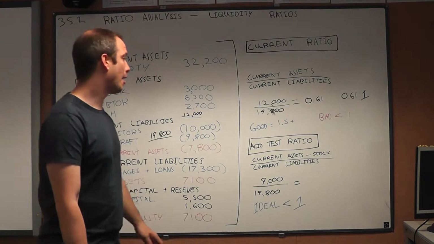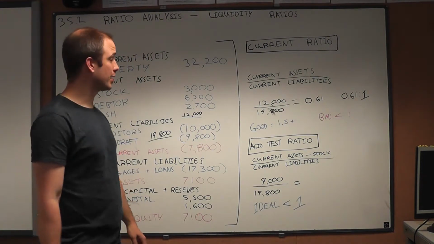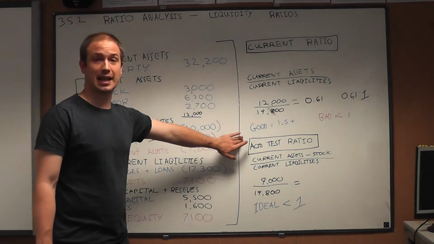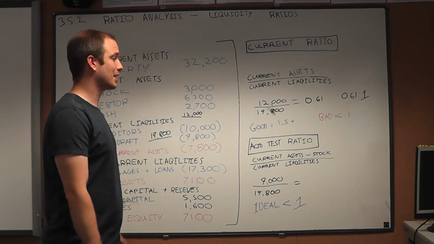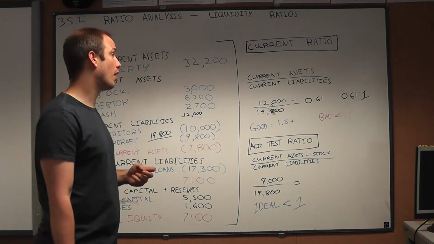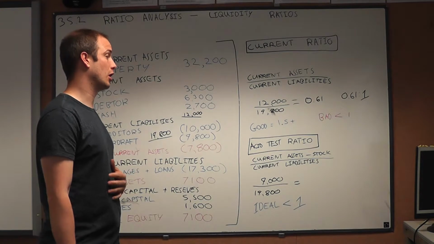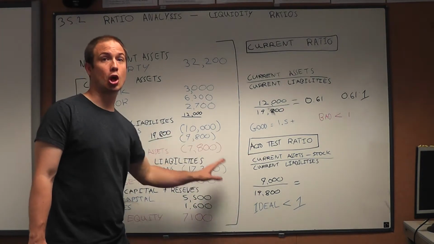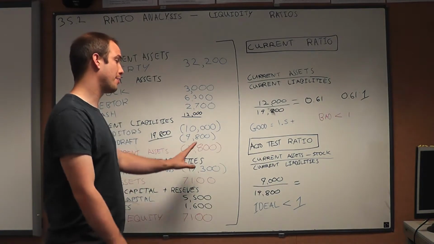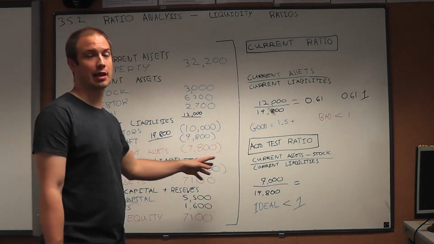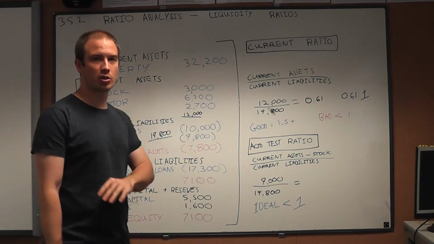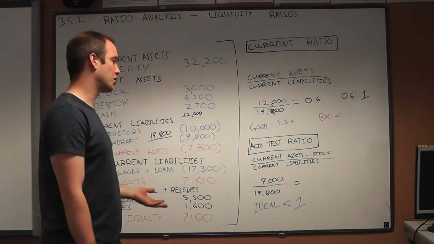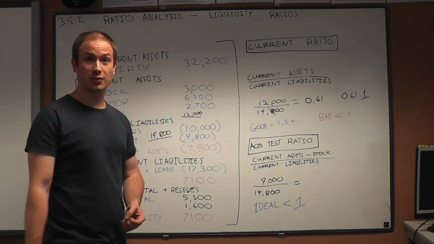And we have another liquidity ratio that we consider, which is the acid test ratio. So the acid test ratio is very similar to our current ratio, apart from this is not including stock. And the reason why we have a separate equation that doesn't take into account stock is that if stock goes off or stock can't be sold, then the value of stock is zero.